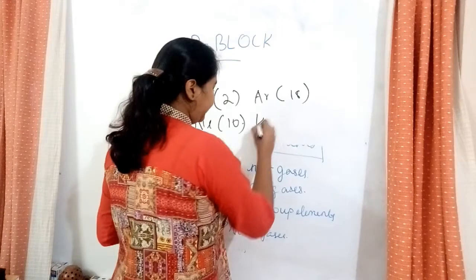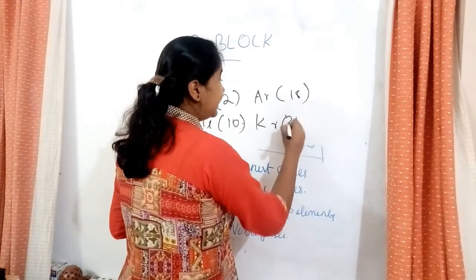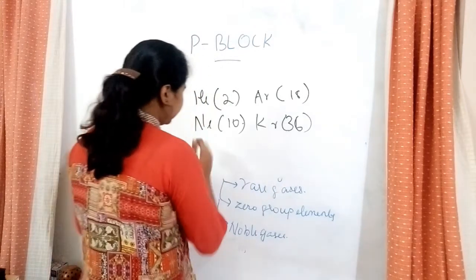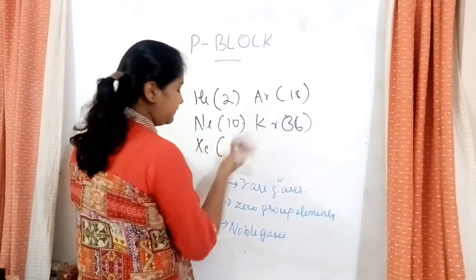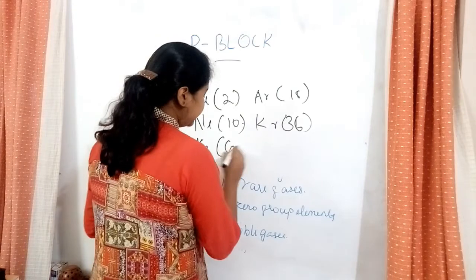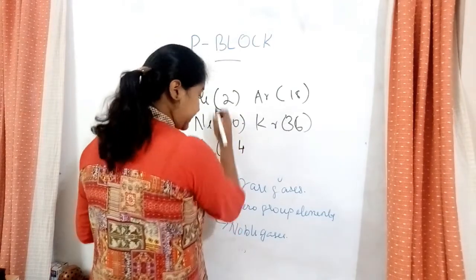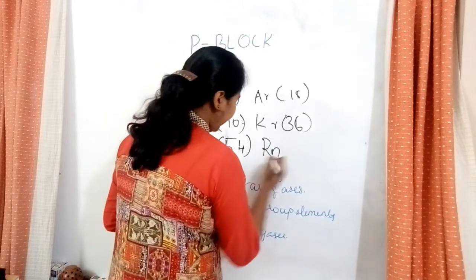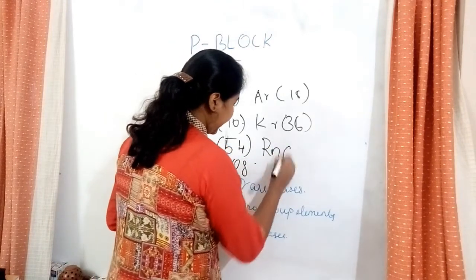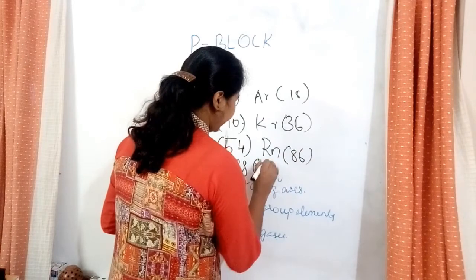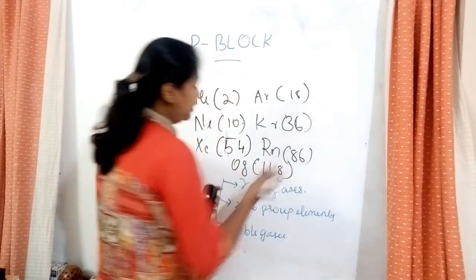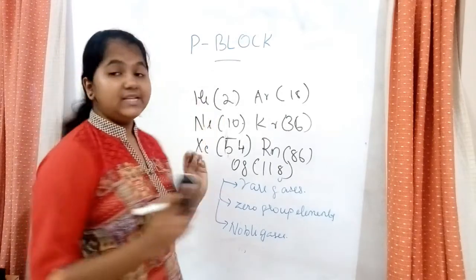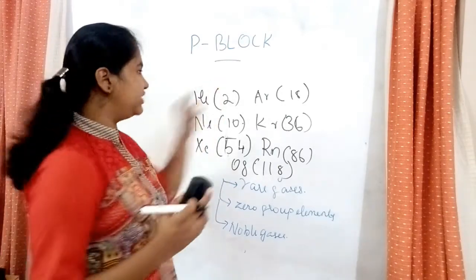Then krypton, 36. Then we have xenon, which is 54. And then we have radon, which is 86, and oganesson, which is 118. So these are the atomic numbers of each of these elements.